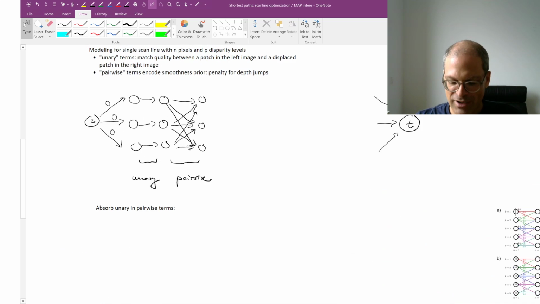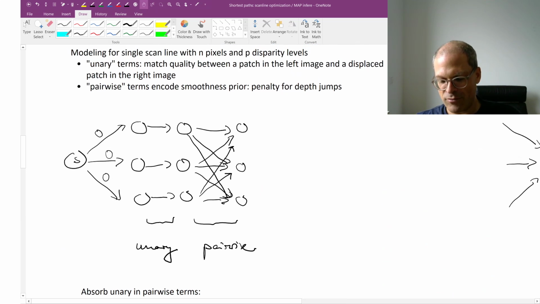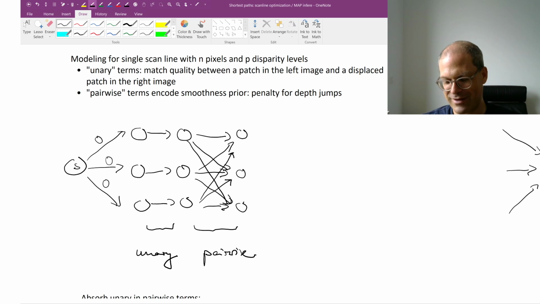Okay, just another word on modeling. If you don't like paying costs for the nodes themselves, then you can also split the nodes.